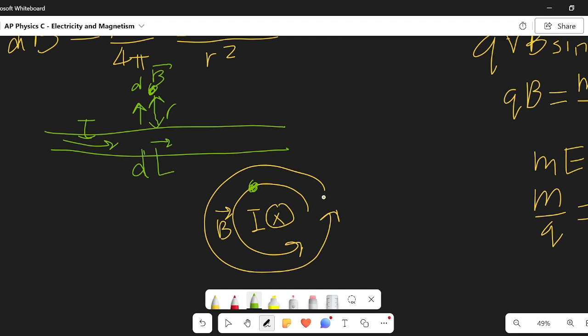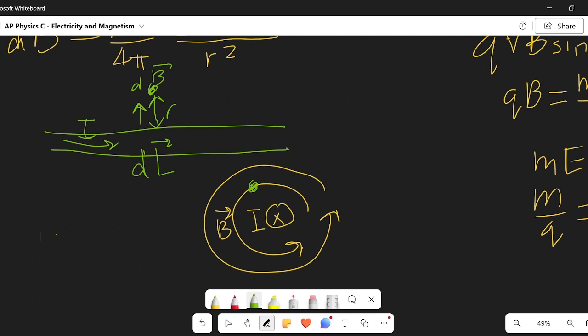Here's the thing. We will take our Biot-Savart law, remember what it is, dB. Now let's actually integrate it.